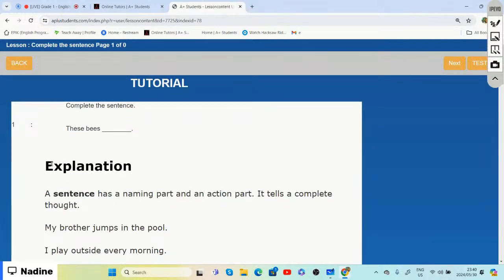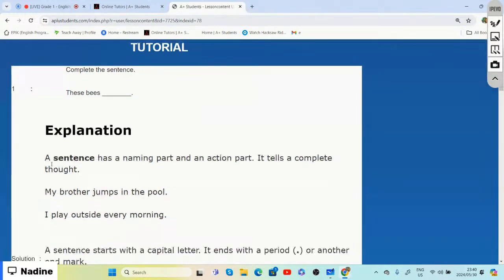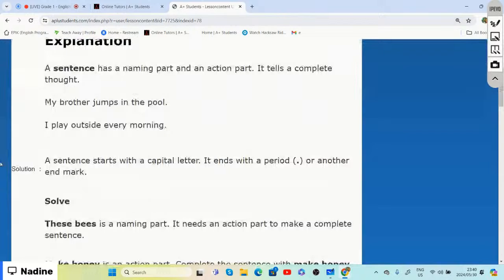All right. We see that every sentence, in order to show that it's a complete sentence, needs to have a complete thought, right? In order to know when a sentence has a complete thought is when a sentence has both a subject, which is a naming part, as well as an action part, right? And we made an example of dad paints. So dad being our naming part, paints being the action part.